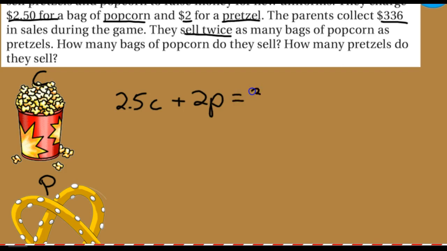That whole thing equals $336. Now we need another equation here. It says they sell twice as many bags of popcorn as pretzels. So if they sell twice as many bags, that's 2 times C. And we know that they sell 2 times more than the pretzels.